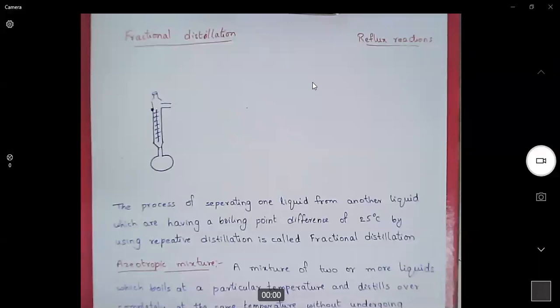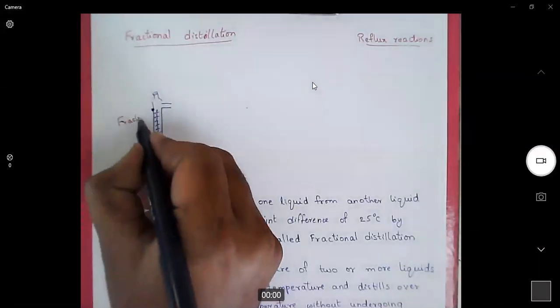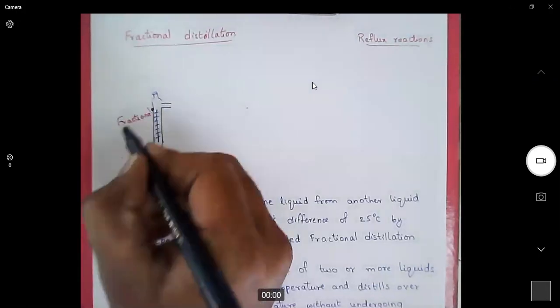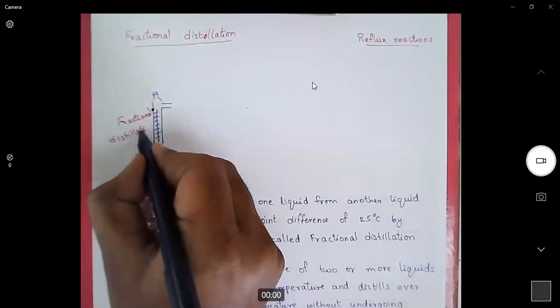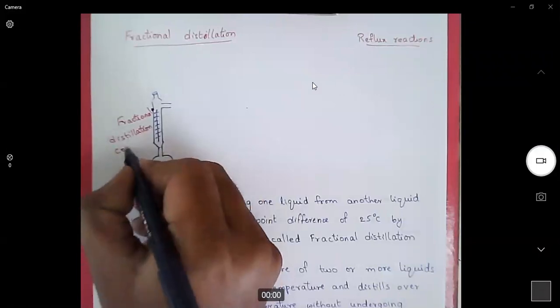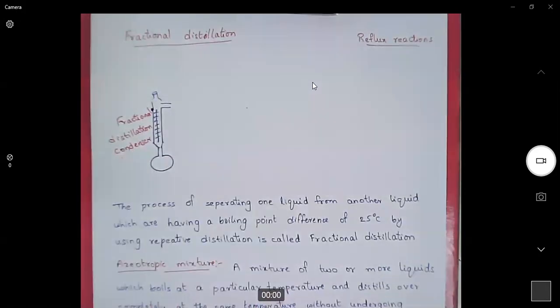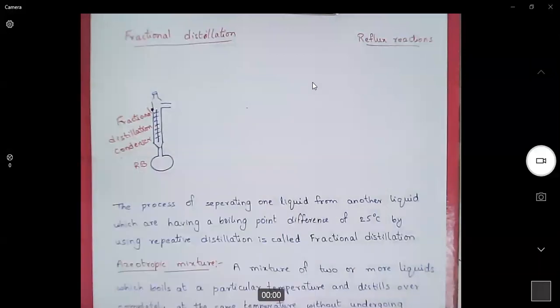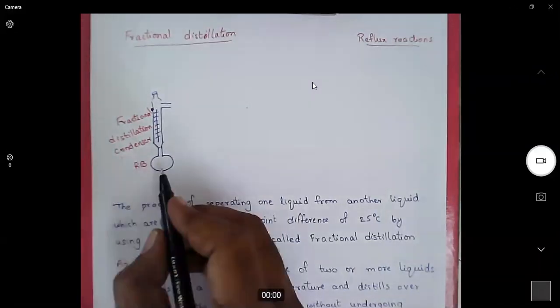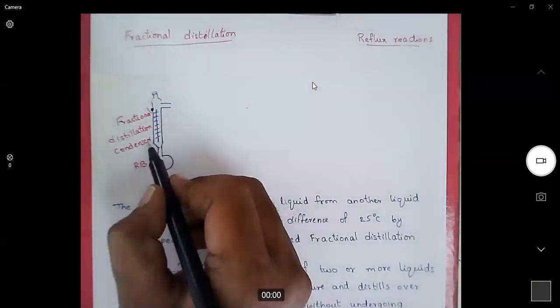This is called a fractional distillation condenser. So for normal condensation we use a distillation condenser, whereas for fractional distillation we need a fractional distillation condenser.